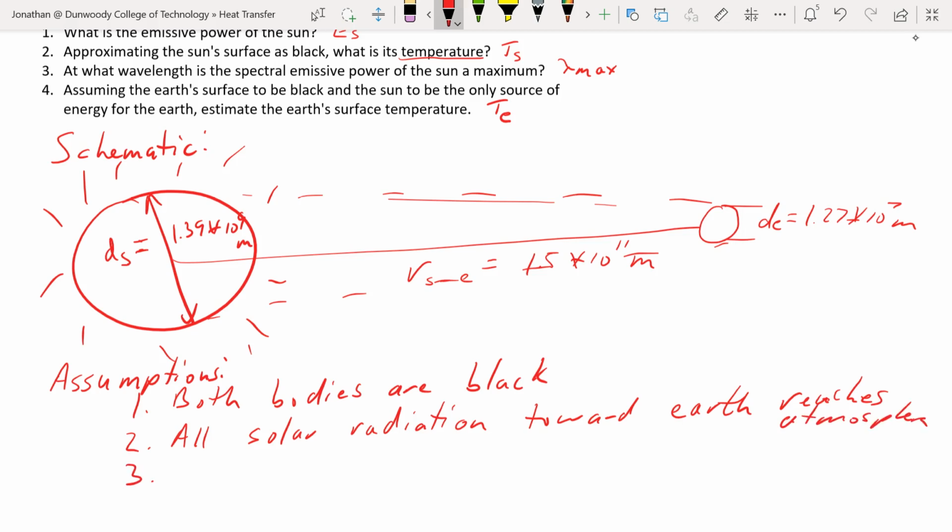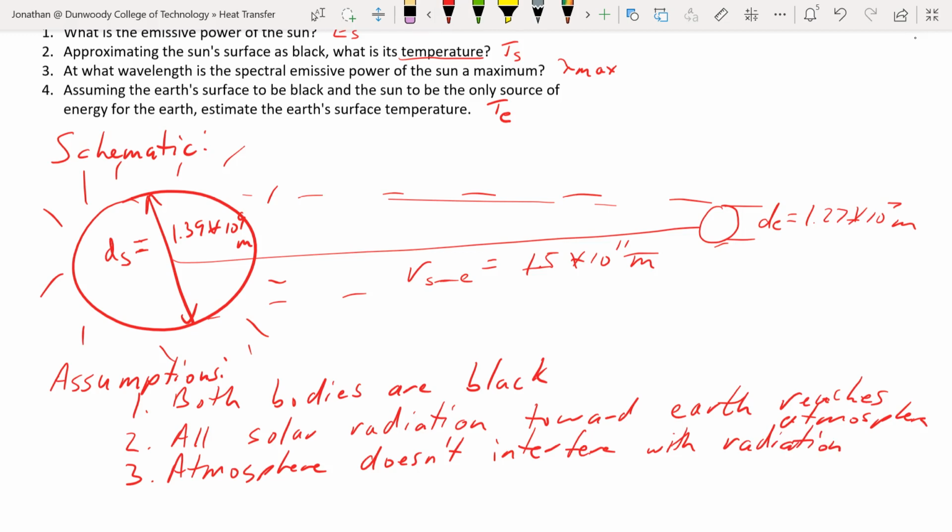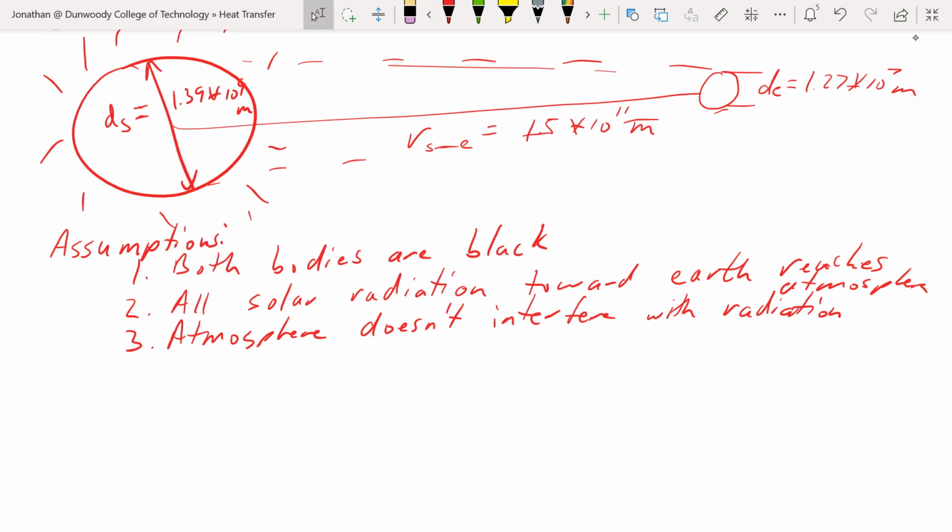And third, we'll say the atmosphere doesn't interfere with the radiation. Alright, so with that, we'll jump into some analysis.